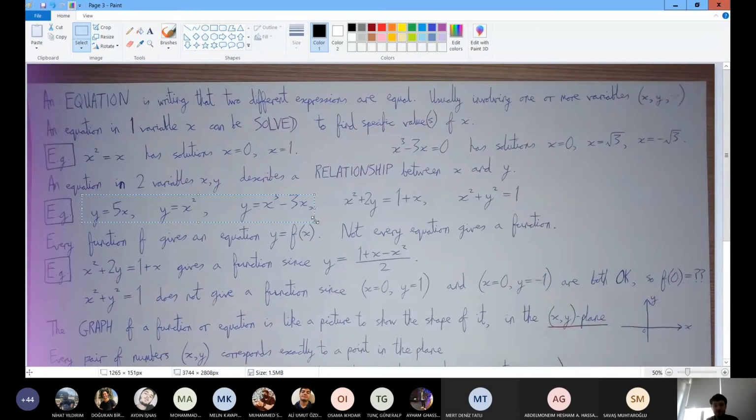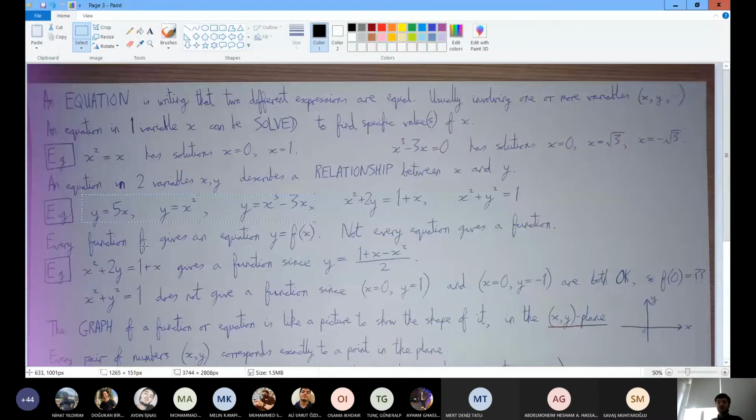In fact, for every function f, that's a rule applied to some numbers, you can write the equation y equals f of x. So from the rule, you get a relationship, the relationship being that y is what you get from applying the rule to x.